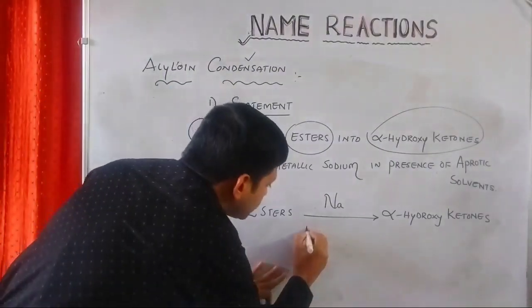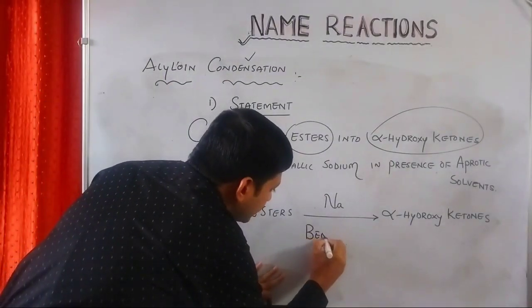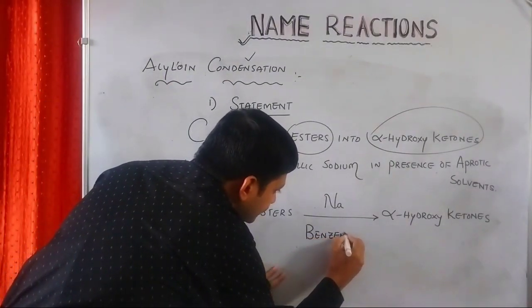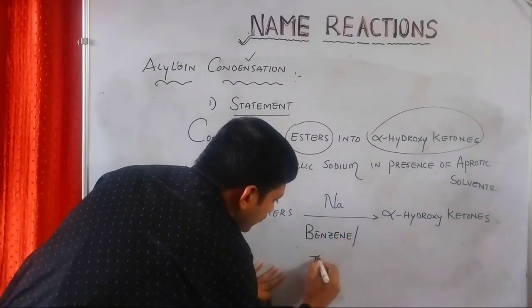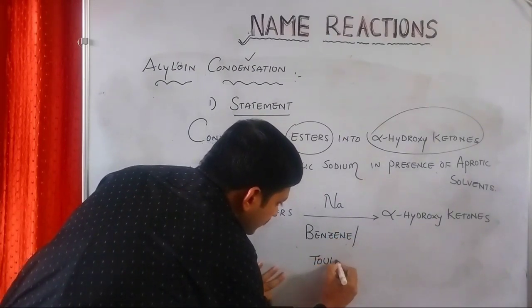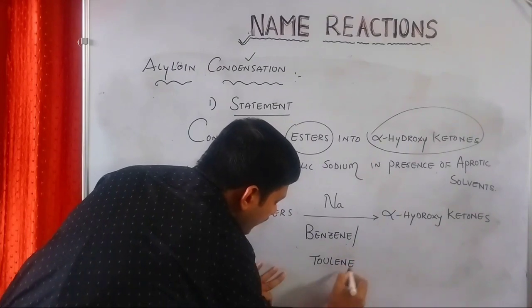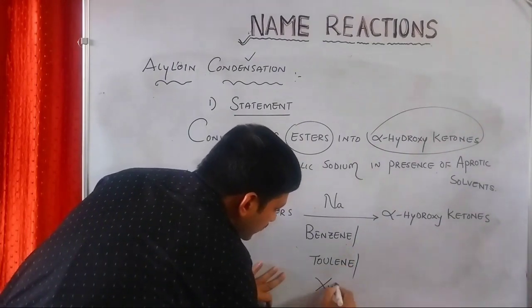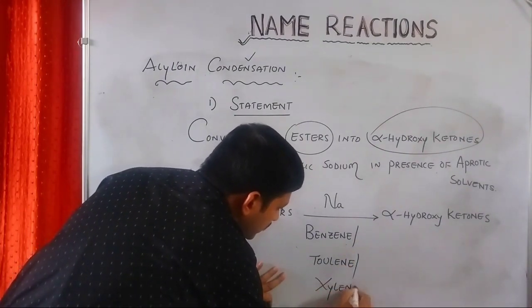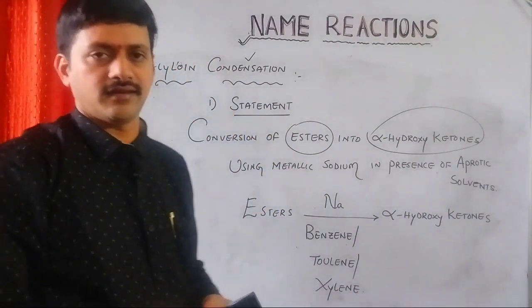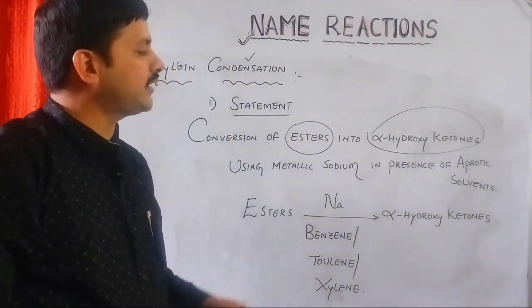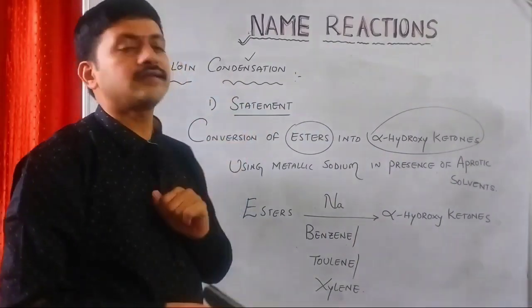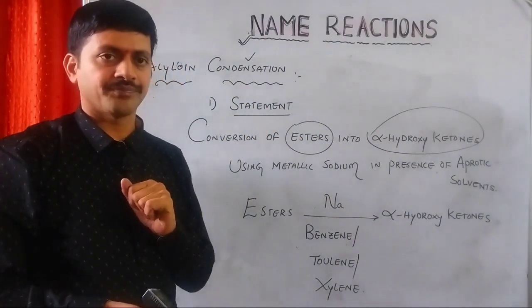The aprotic solvents may be benzene, toluene, or xylene. These are the solvents generally used as aprotic solvents for this conversion.